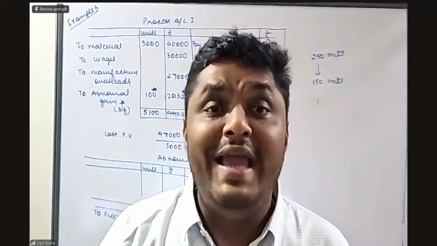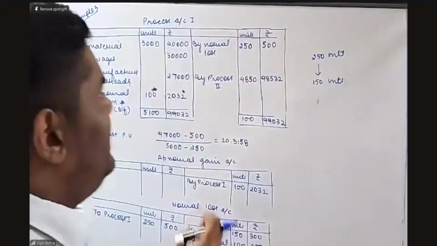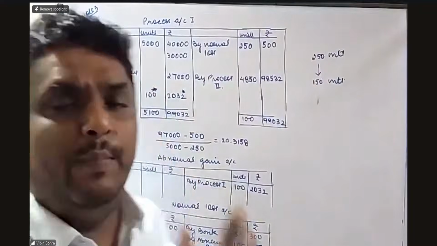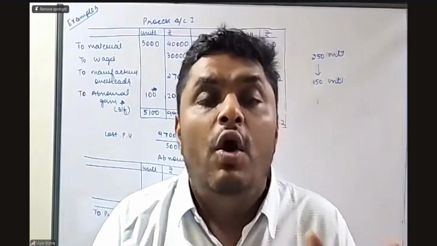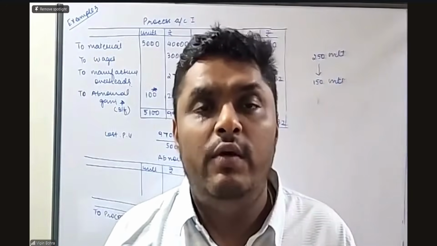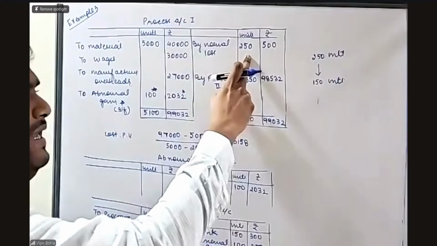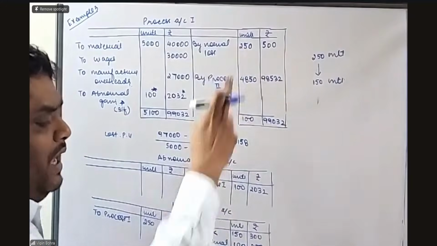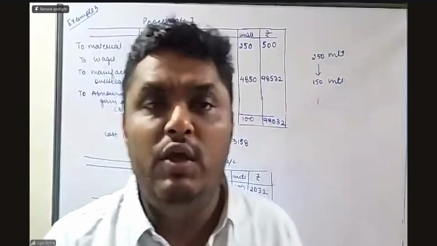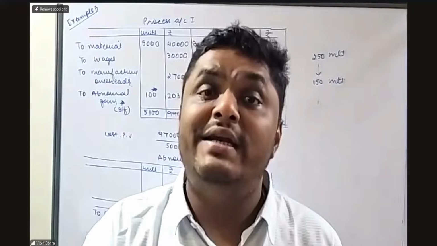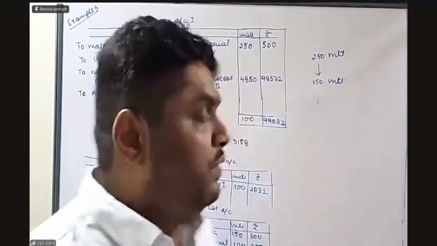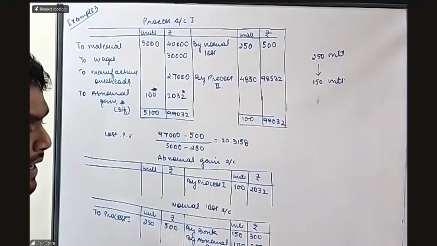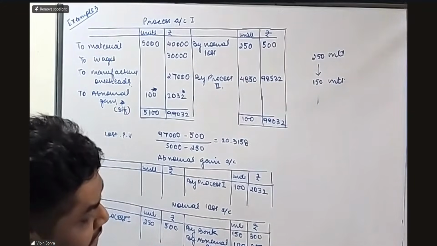When talking about how many units were actually sold in the market, see, 5000 was my input, 4850 is my output. It means units lost or scrapped were only 150 units. So we were expecting a normal loss of 250 units. However, when talking about the units actually sold in the market, it is only 150 units because there is an abnormal gain of 100 units. So very simple, for abnormal gain of 100 units, 200 is the value, balancing figure we can say.